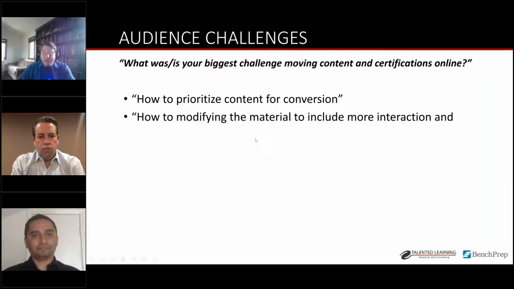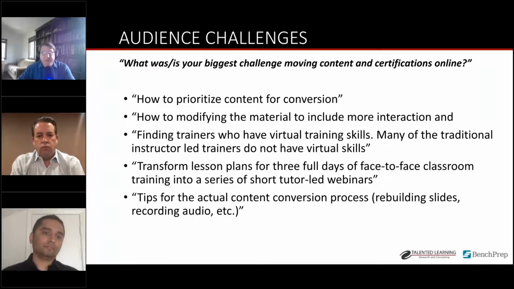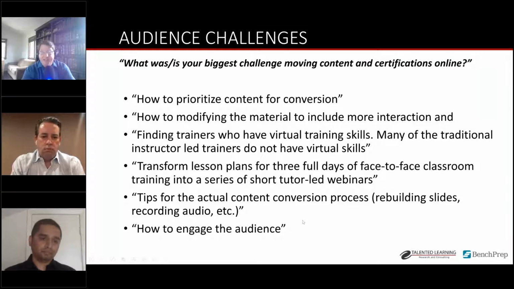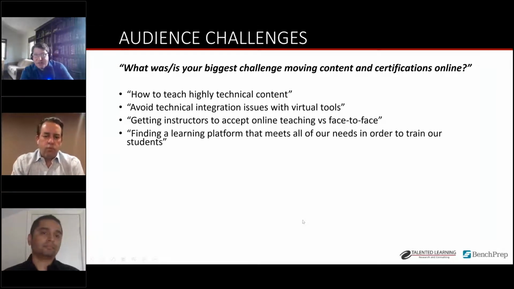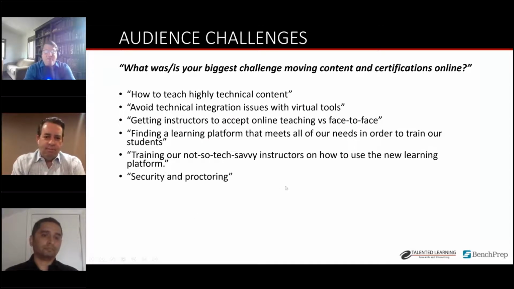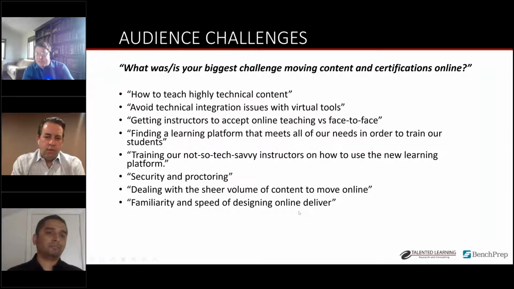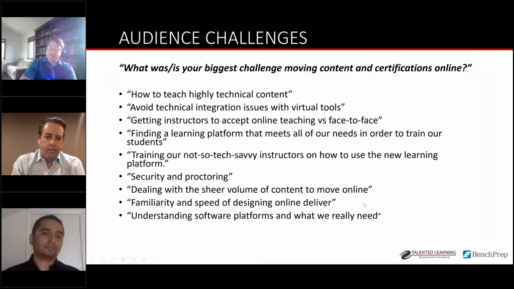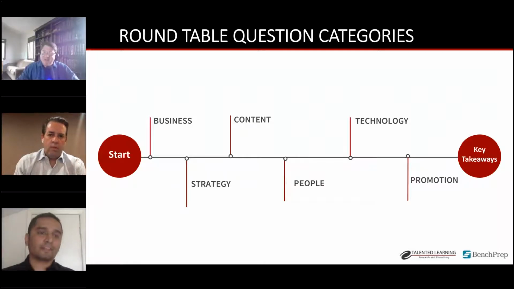How do you prioritize your content material to include, finding trainers who have virtual skills, transforming lesson plans from face-to-face to online learning, tips for content conversion, how to engage the audience, how to teach technical content, technical integrations, getting instructors to accept online teaching versus face-to-face, platform needs, some more platform needs, security, proctoring, dealing with the sheer volume of content, and the speed of delivering online delivery, understanding software problems. You can see there's probably a lot of the same questions that you've asked. You might see them represented there, since they are all verbatim questions.